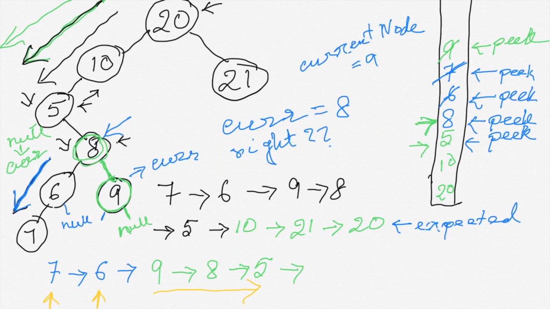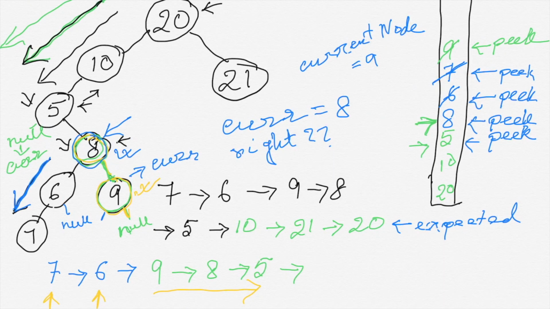So we were at 9 and we saw that the right child was null. We should check whether this node is a right child of another node or not. If it is, then we should process that node and move on to its parent node.